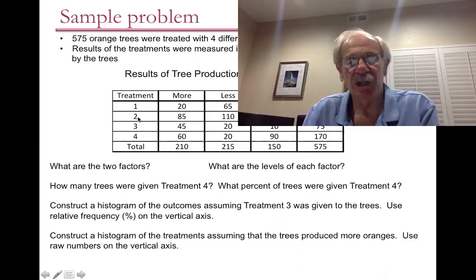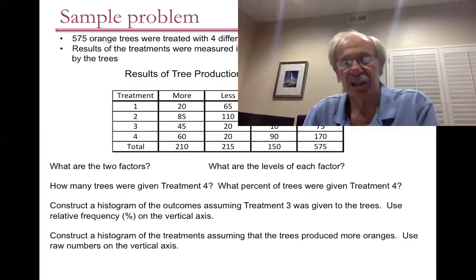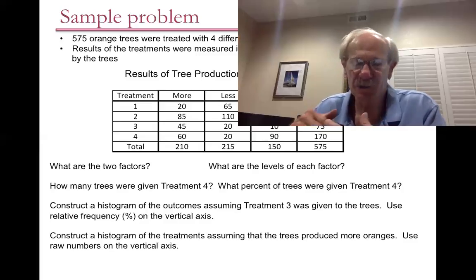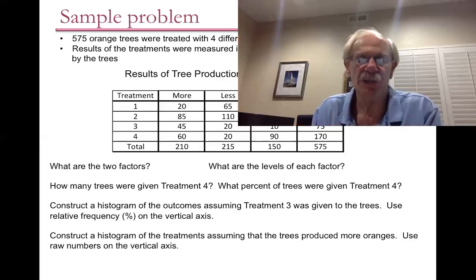So I would begin to understand the relationship between treatment 2 and the production level. So that begins to produce not the correlation. I mean, well, correlation is pretty good, but association would be better, right?